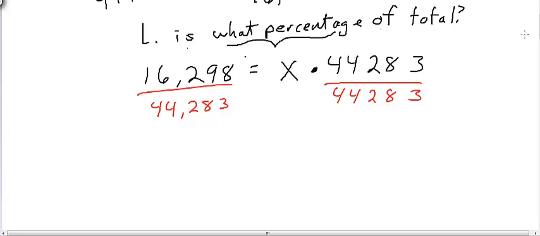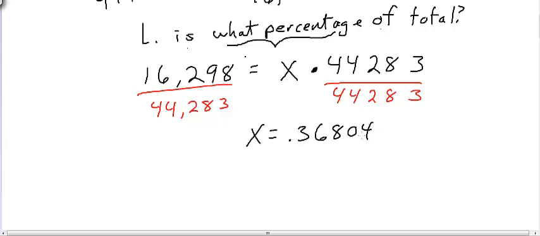Now this question wants a percentage. So right now all we have is a fraction. So I'll first divide this fraction out and get the decimal equivalent. And that comes out to be x is equal to 0.36804.